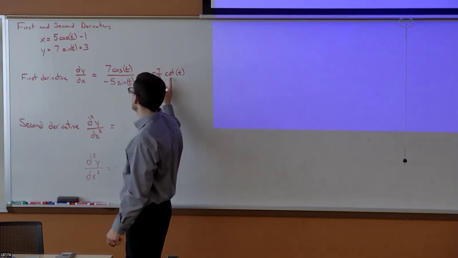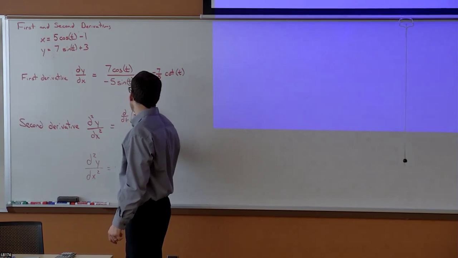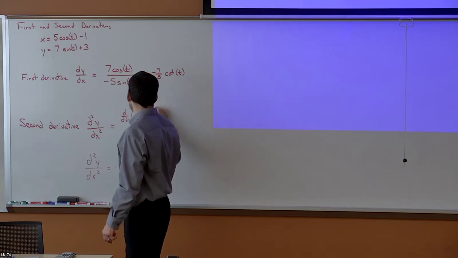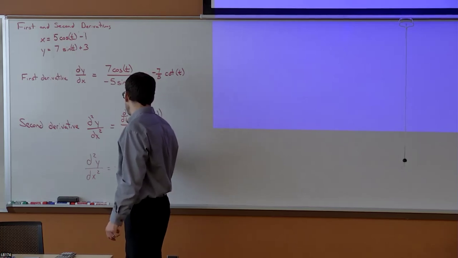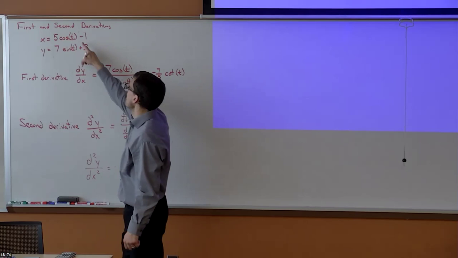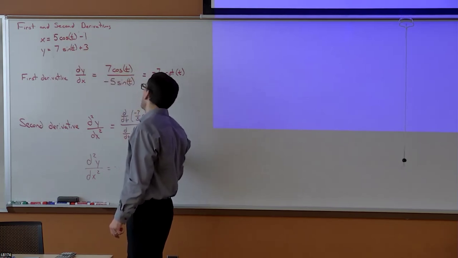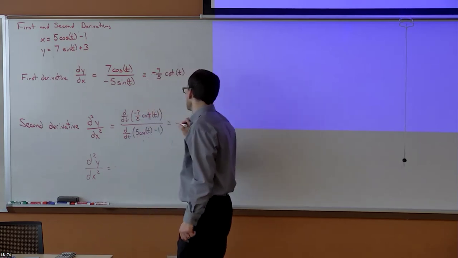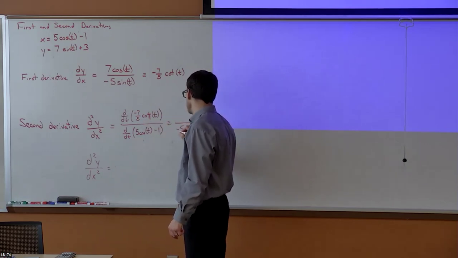Second derivative, this becomes my new y. So I take a derivative of negative 7/5 times cotangent of t on top. And on bottom, I take a derivative of my old x. That's going to be negative 5 sine t again.